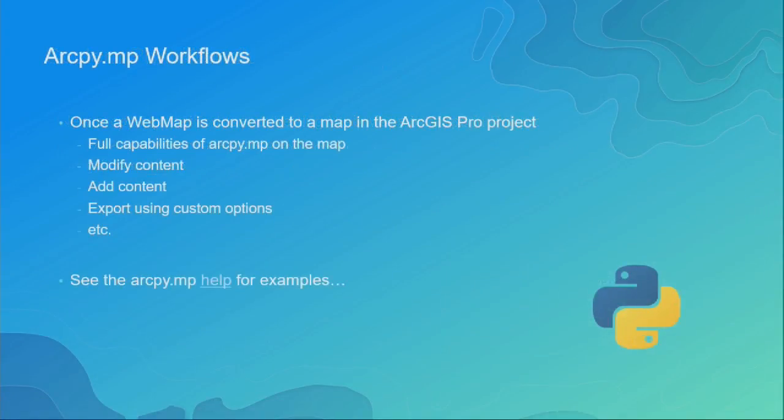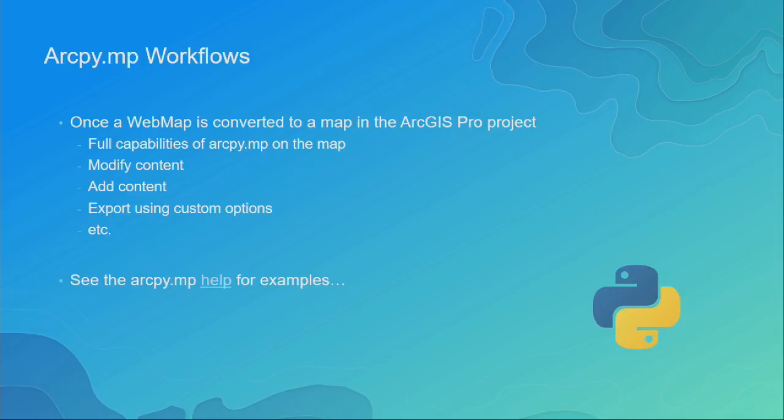Okay. So once the web map is converted, it's converted to a layout in the Pro project. It's converted to a map and then injected into the map frame on the layout. You have the full capabilities of arcpy.mp on the map and the map contents. That includes modifying that content, adding content, or doing exports with custom options.